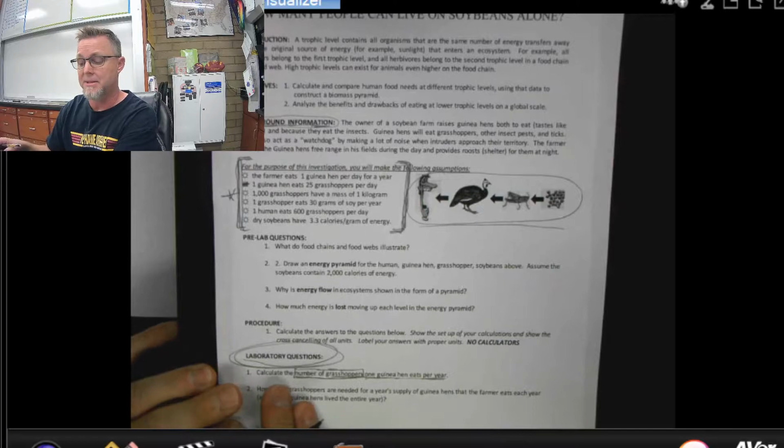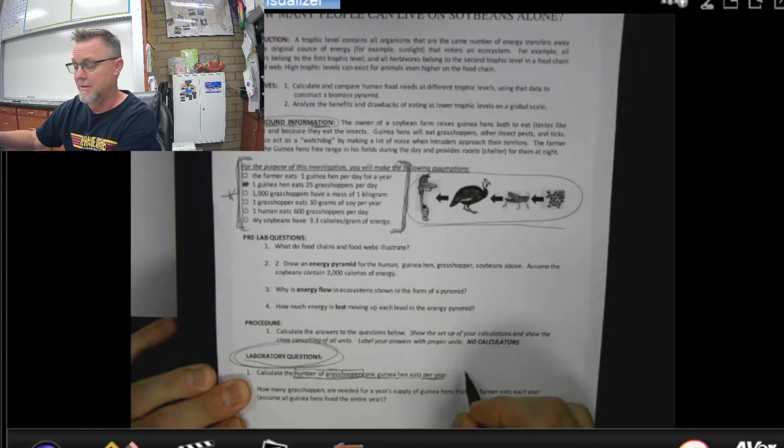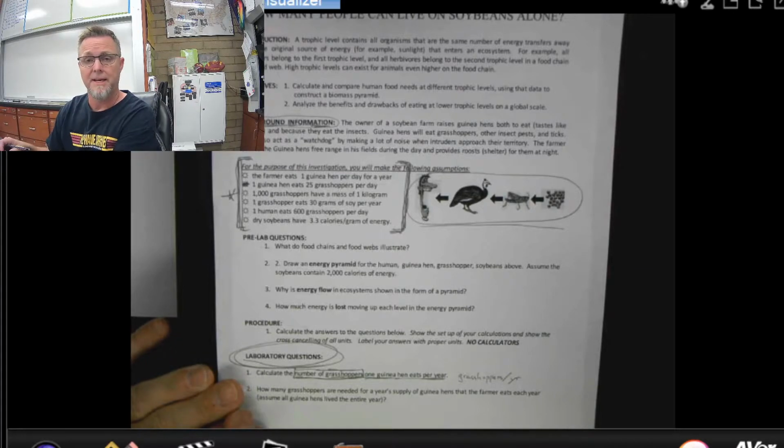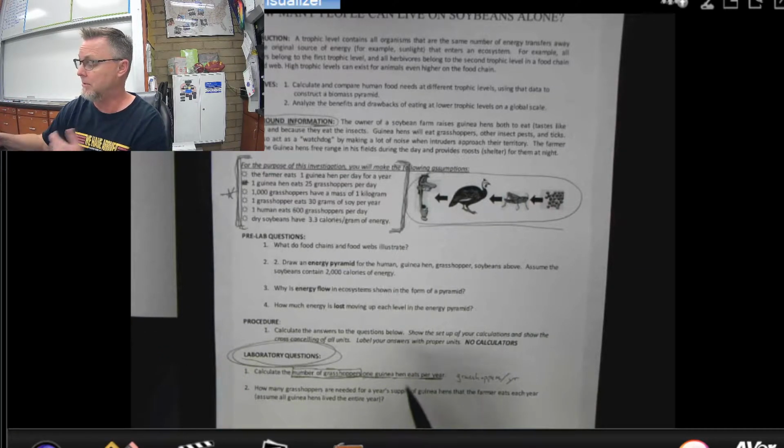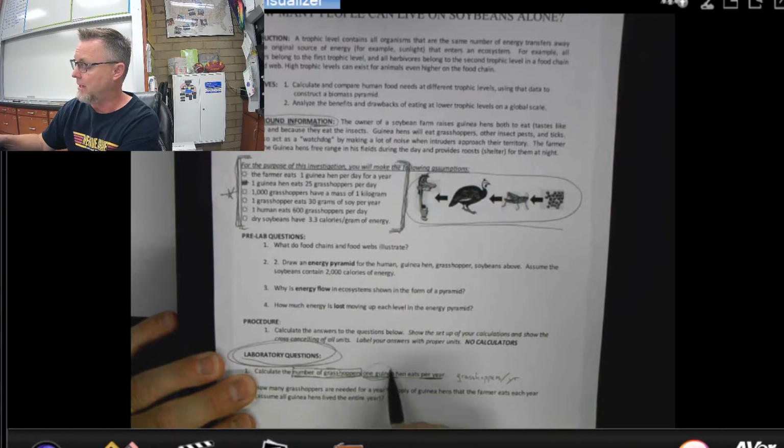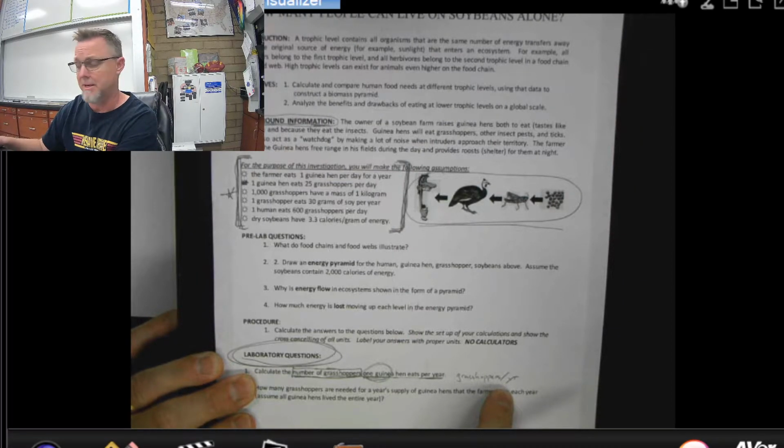That means the answer we're going to get is going to be in grasshoppers per year. What are we starting with? We're starting with one guinea hen, and we have to figure out how many grasshoppers per year it eats.